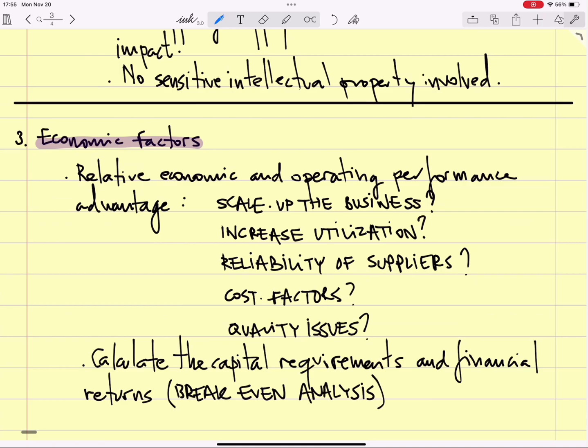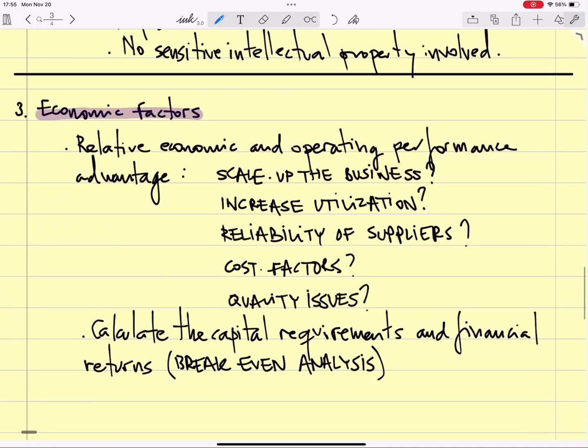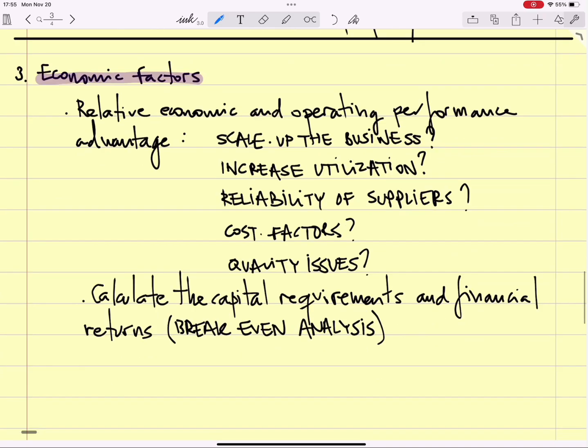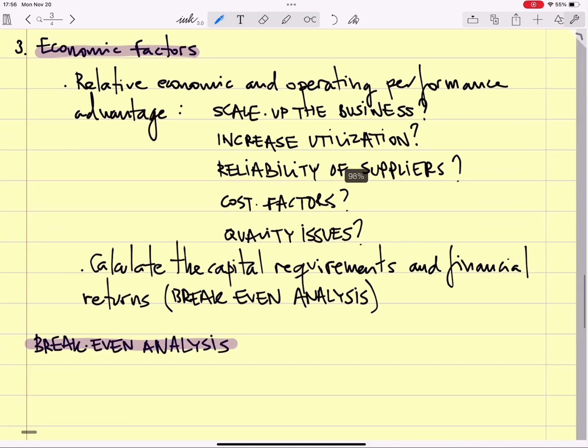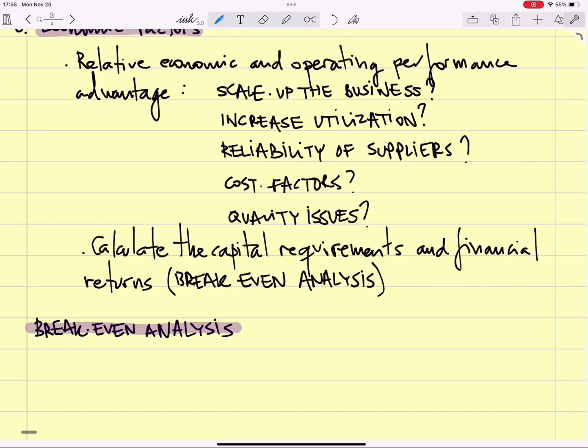And how do you do a break-even analysis? Well, this was asked last year in the exam, so that you know.